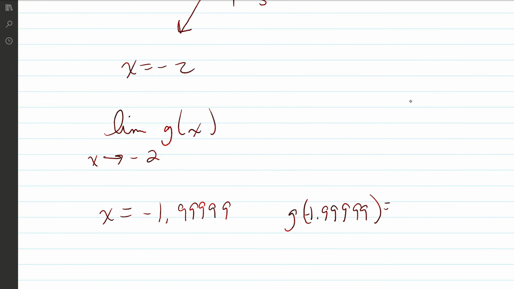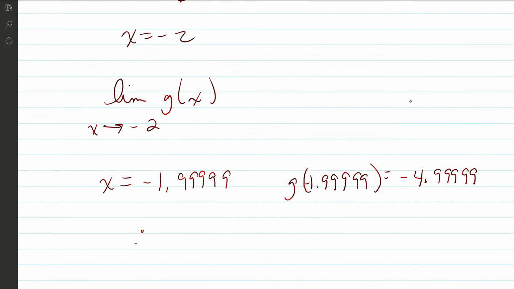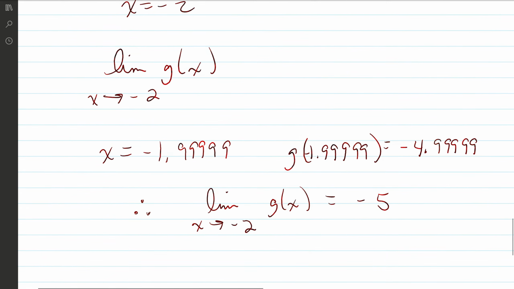And then do that number crunching and you should get -4.99999. So this shows that the function intends to reach a height of -5, right? It intends. Thus, the limit as x approaches -2 of our function g of x is -5. So even though the ordered pair -2, -5 does not appear on the graph, the limit still exists.